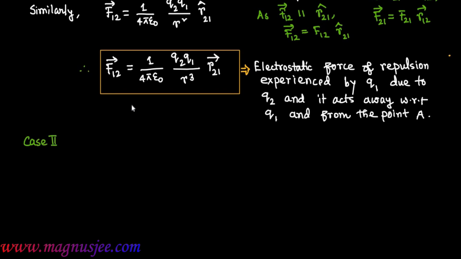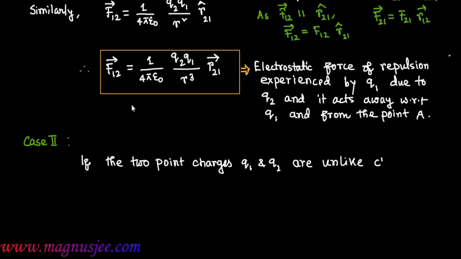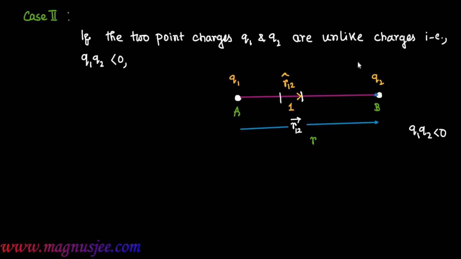Again, we can consider case 2 in which the two point charges are unlike charges. That means if q1 and q2 are unlike charges, that is, if q1 dot q2 is less than 0, that means negative, in that case the force experienced by the second charge q2 will be vector F21.